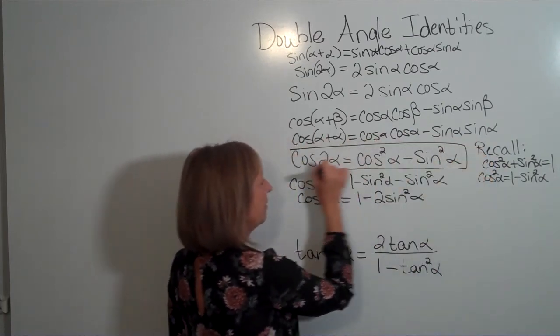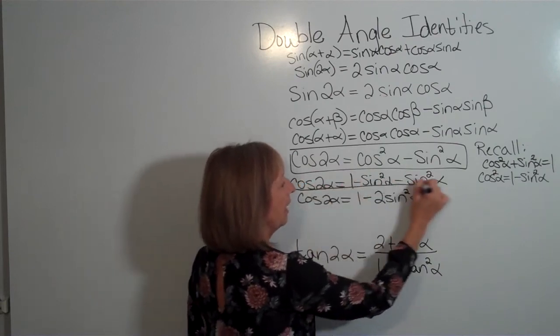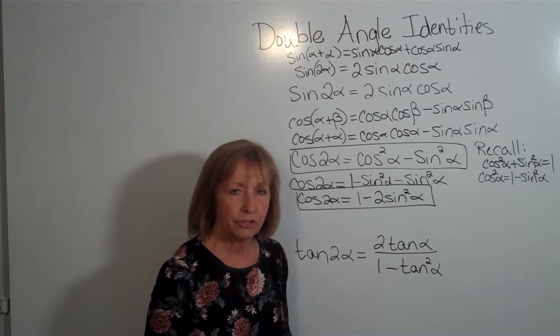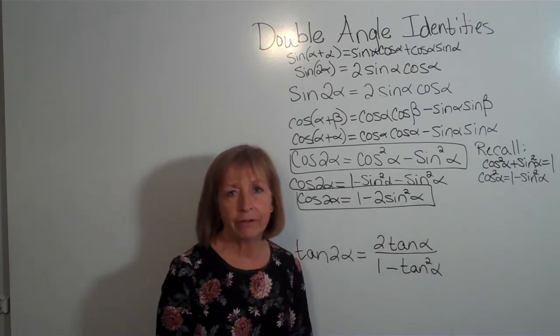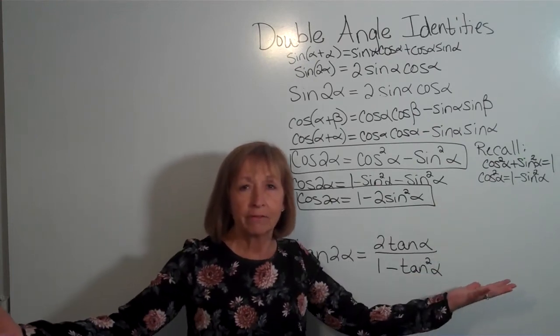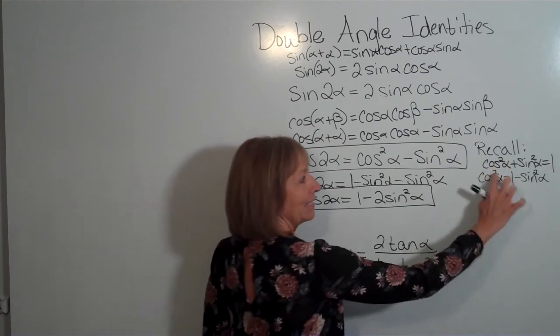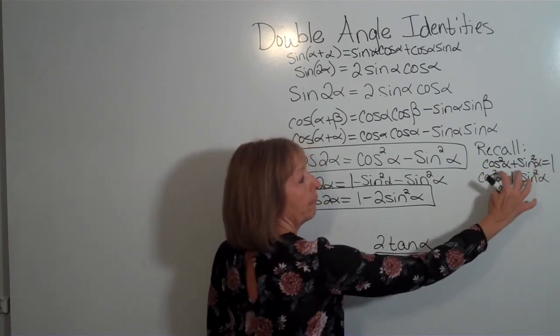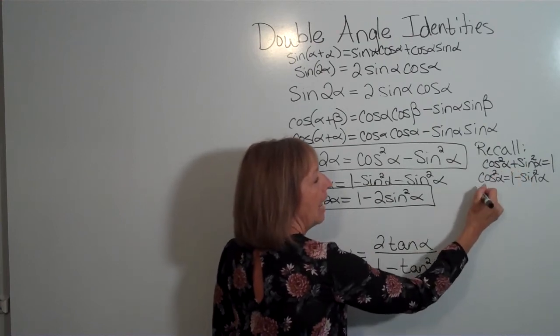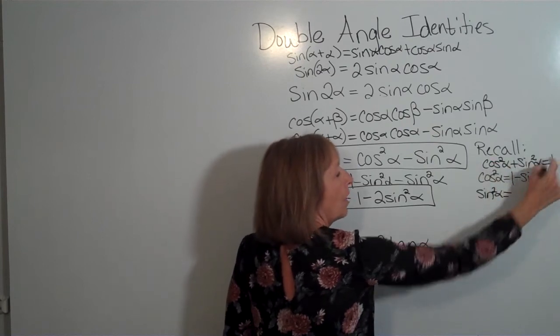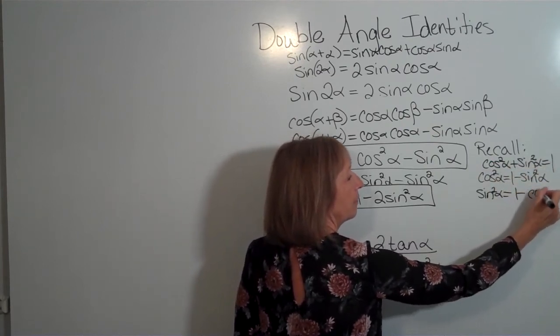So I have that form of it, I have this form of it, and then you're probably saying to yourself, well, why did she solve that for cosine squared alpha? Why didn't she solve it for sine squared alpha? We could do that too. So if we subtract the cosine squared alpha from both sides of this original one, I would have sine squared alpha's replacement is 1 minus cosine squared alpha.